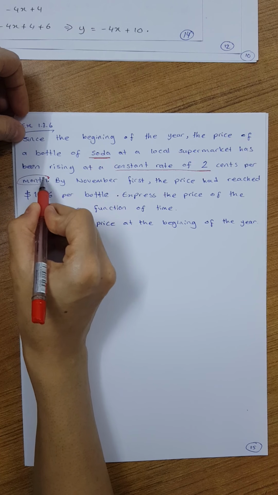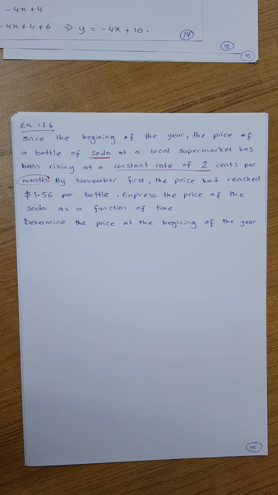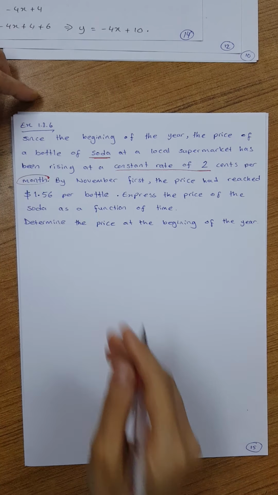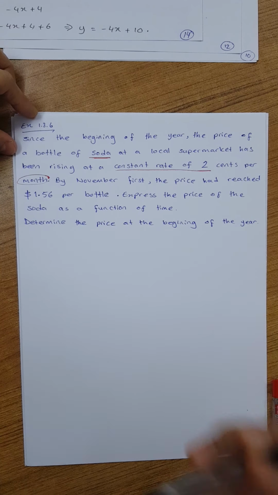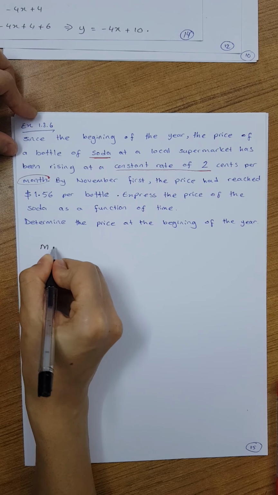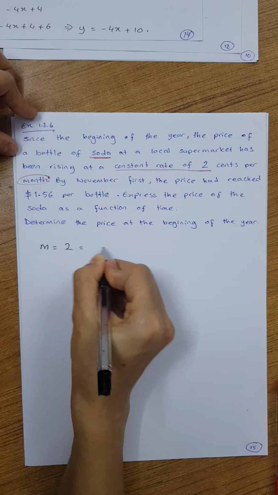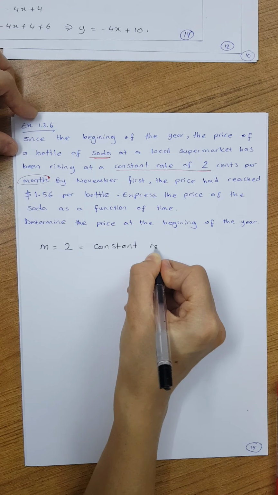Okay, so each month the price of the bottle of soda is raised by 2. This is a constant rate. So let's analyze it. Since it is saying constant rate 2, that means m is equal to 2.